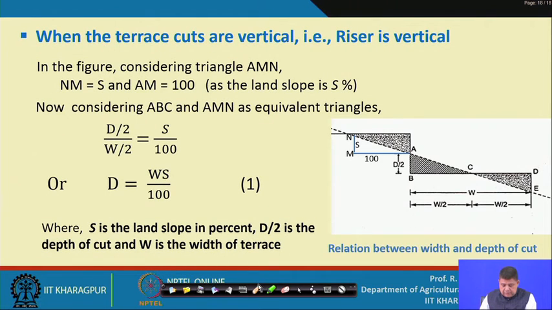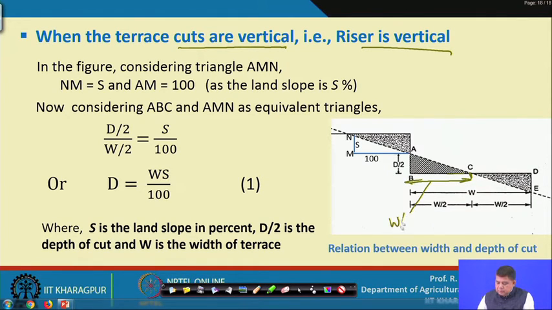For example, when the terrace cuts are vertical, that means the riser is vertical. So, we discuss a case where the riser is vertical. Obviously, in this case, if you consider the figure here, A, B, C represents the cut. So, this AB is d by 2 and this width of the terrace BD is W, and at this point, that is BC, this is W by 2, and this depth of cut is d by 2, that we have already seen.